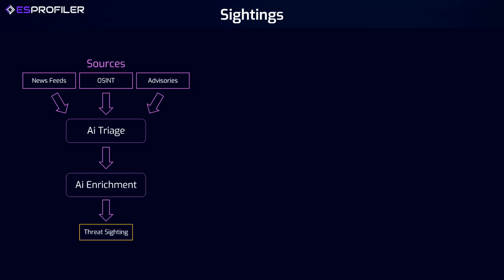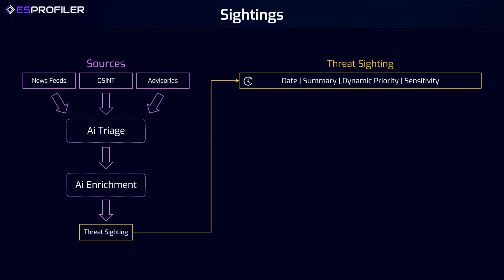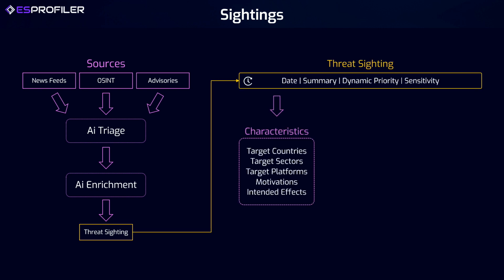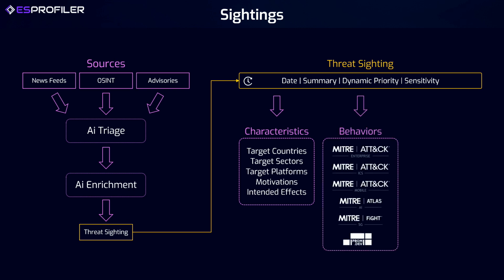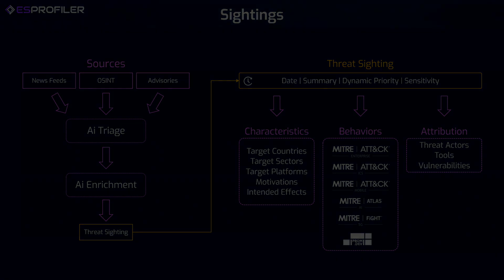Articles that do are then enriched with characteristics so that the sectors, motivations, and locations of the attack are all fully understood. We then perform behavioral analysis, enriching those articles with techniques. Finally, any references to attackers or tools are then attributed back to those articles. This feed of articles appears as sightings inside ESPROFILER.